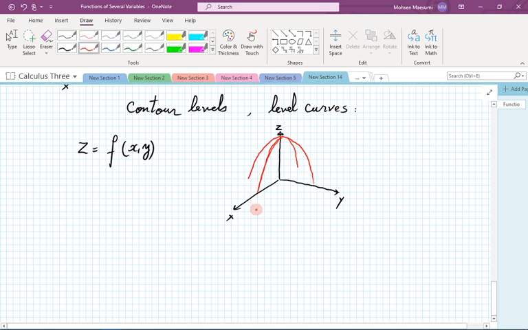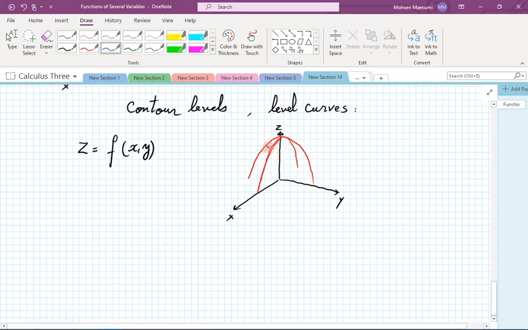Okay, to describe this surface, what we do is that we slice it up. We slice it up with the planes that are parallel to this base plane here. So we consider a bunch of planes parallel to the xy plane and cut up our surface with that.